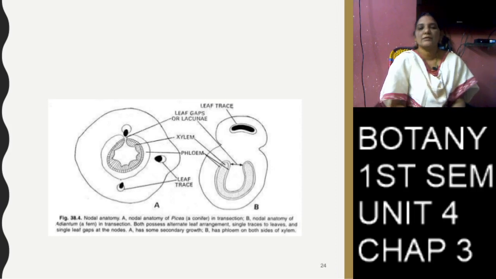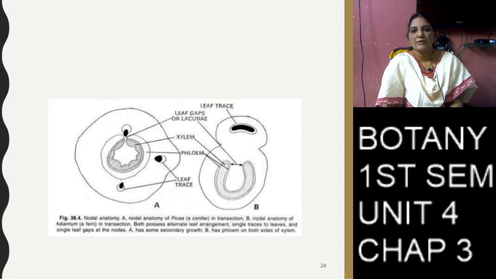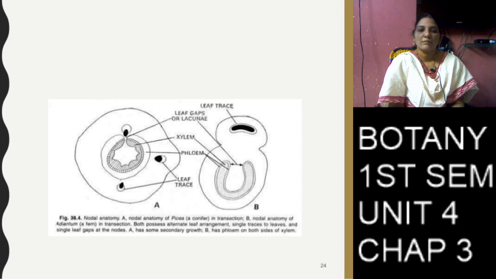Here the middle part is the medulla, and the xylem covers the medulla, and the phloem covers the xylem.